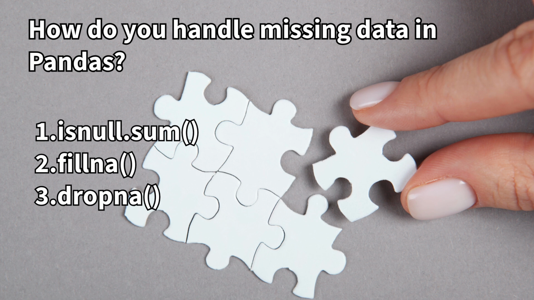To check if there is a null value or not in a particular column or a table, we'll be using isnull. If we want to find the sum of all null values in a given table, we'll be using isnull().sum(). If we want to fill those null values with mean, median, or mode, we'll be using fillna. In case we want to remove all those null values, we'll be using dropna. These are the three different strategies which are used for handling null values.